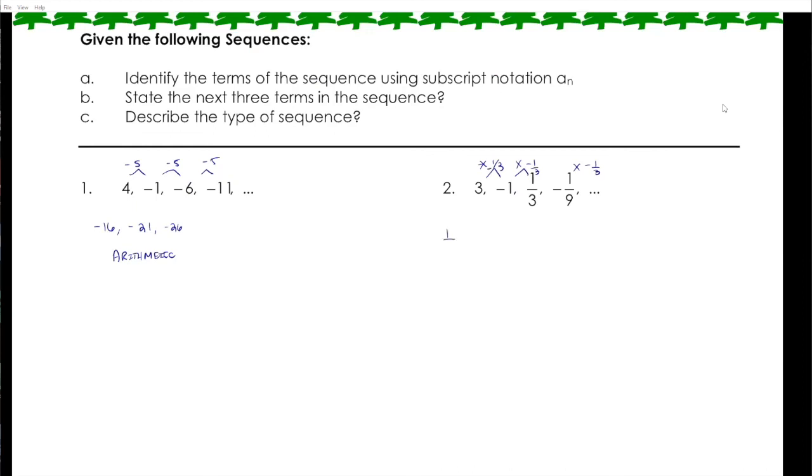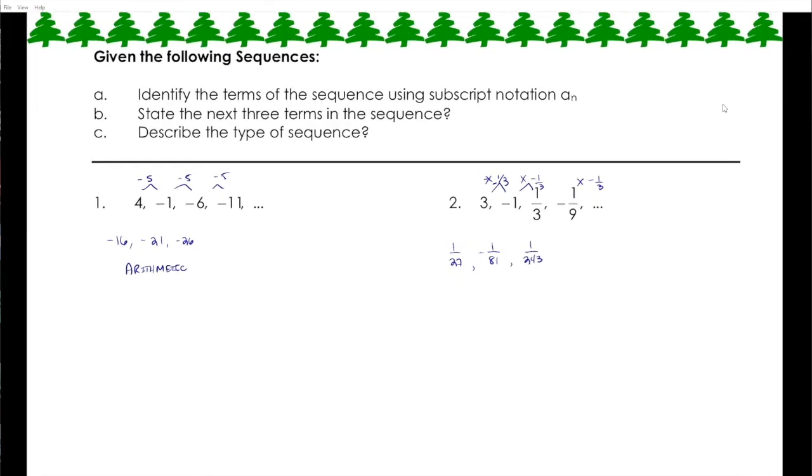So positive 1/27, negative 1/81, and then 81 times 3 is going to give us 243, so positive 1/243. Because we have a common ratio, this is a geometric sequence.